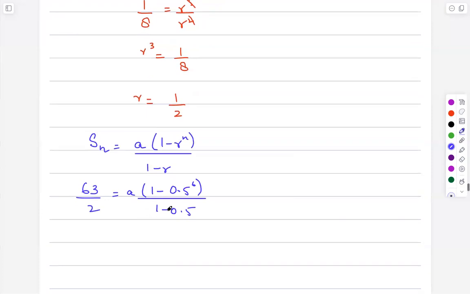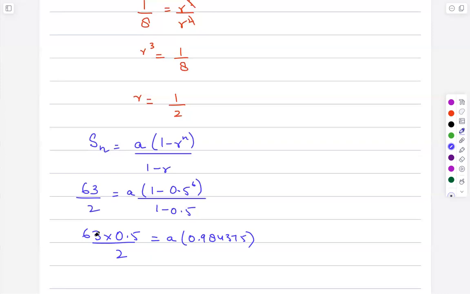Cross multiplying, so 63 will multiply by 0.5. So this will become 63 multiplied by 0.5 divided by 2 is equal to a into 1 minus 0.5 to the power 6. So 1 minus 0.5 to the power 6 is equal to 0.984375.